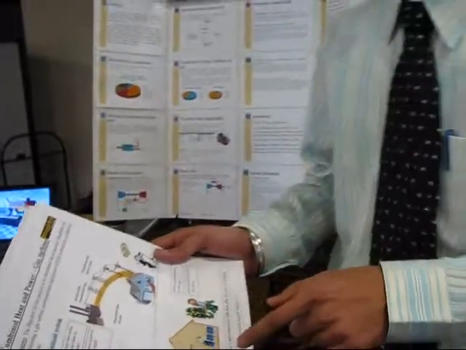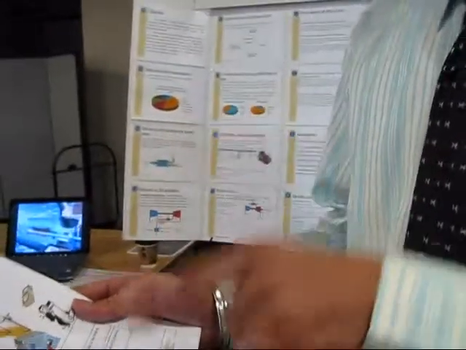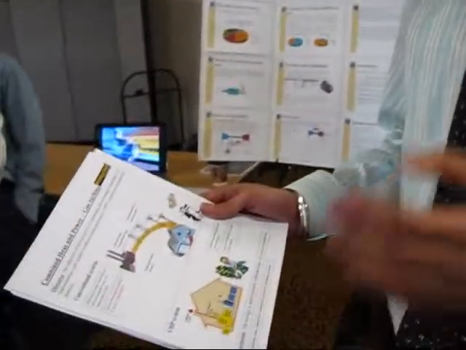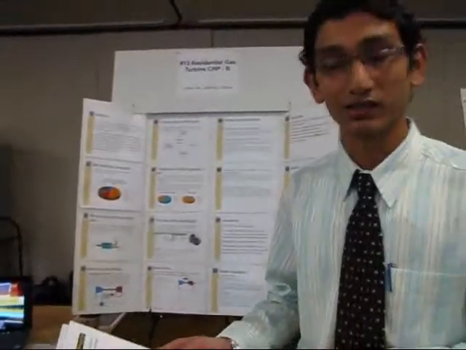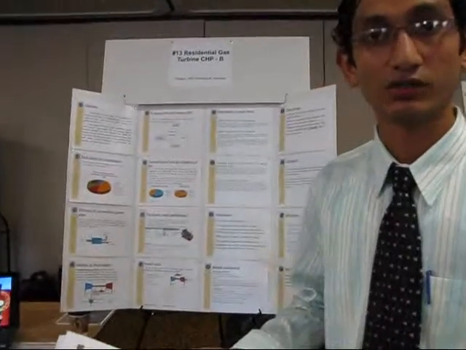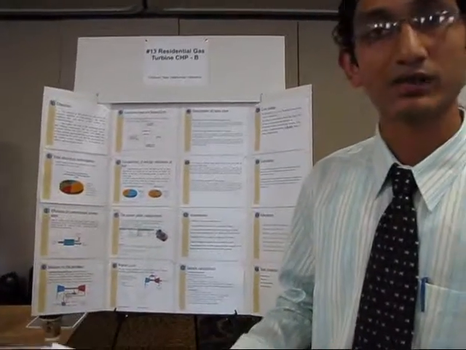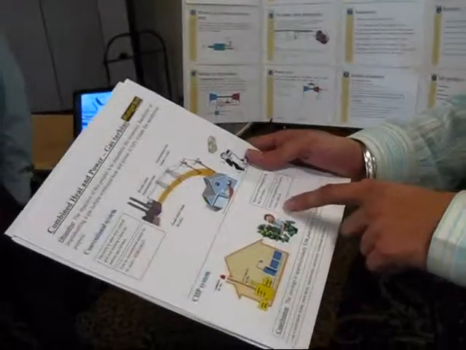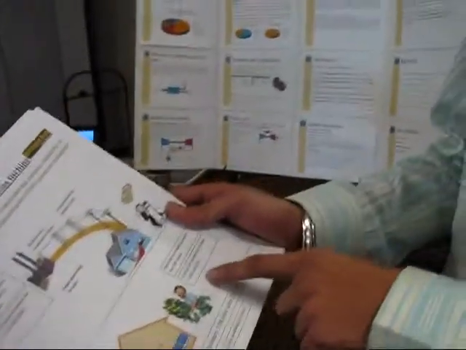And the advantages of this system are that it is more green. It emits only 1/10 of the NOx emitted by a conventional system for 1 kilowatt hour. It emits less CO, and this system has more efficiency, around 85%, whereas only 35% for the conventional system.